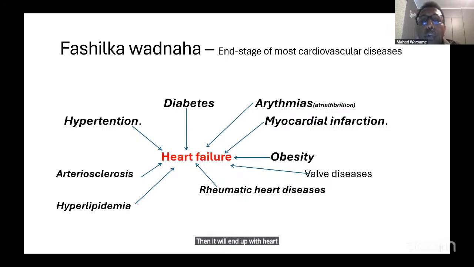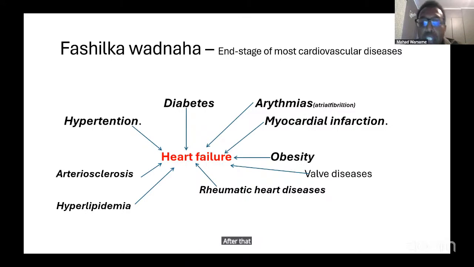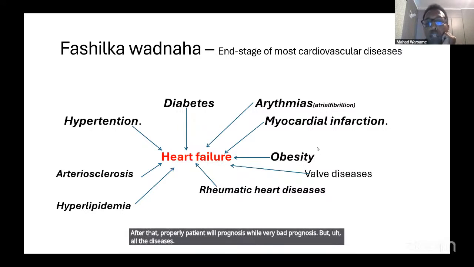Heart failure is one of the last end stages, which means that after that the patient probably has a very bad prognosis. All the diseases I have mentioned will give the end stage of heart failure.